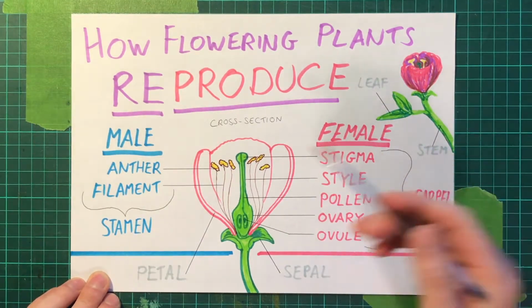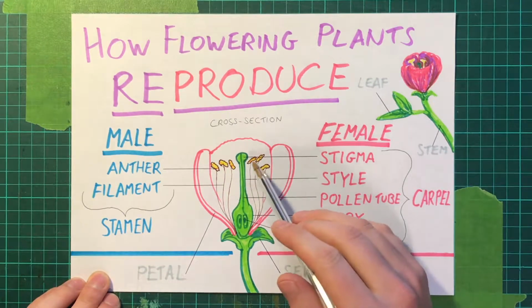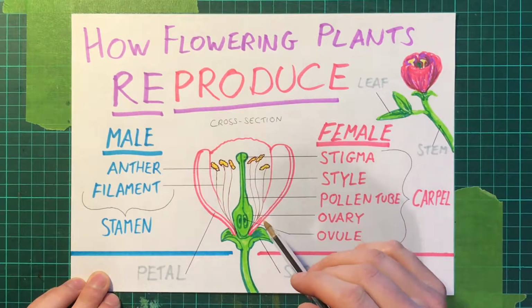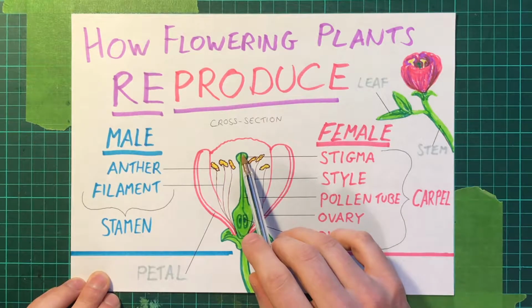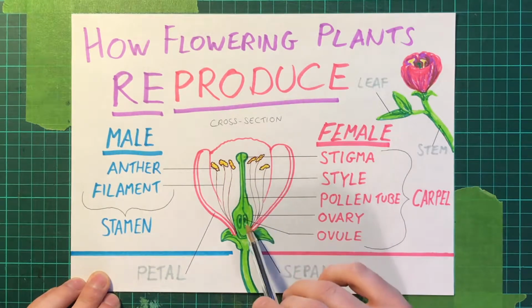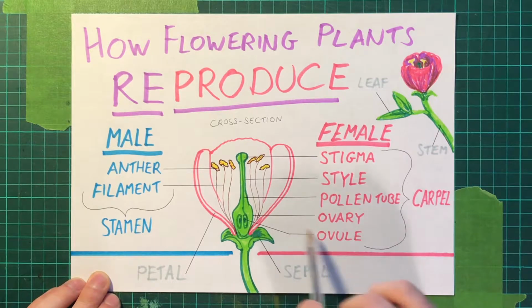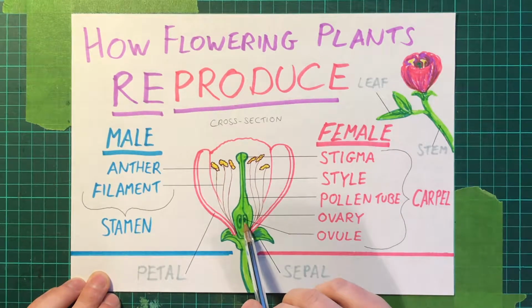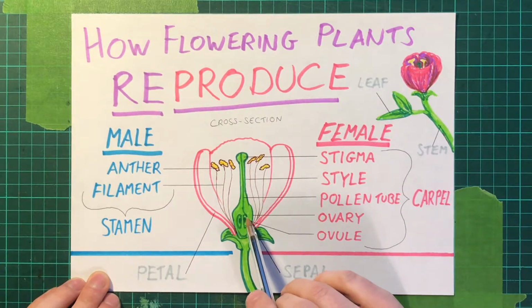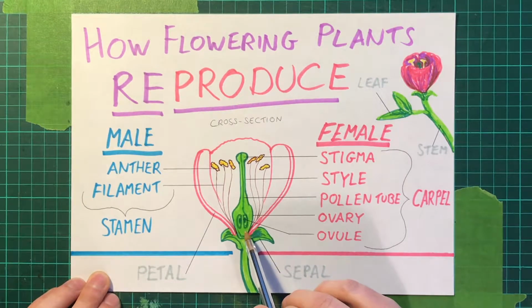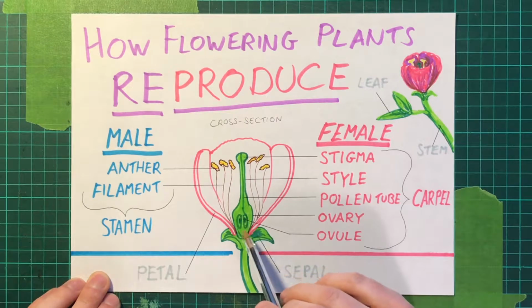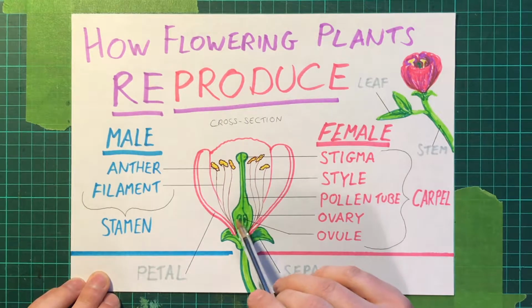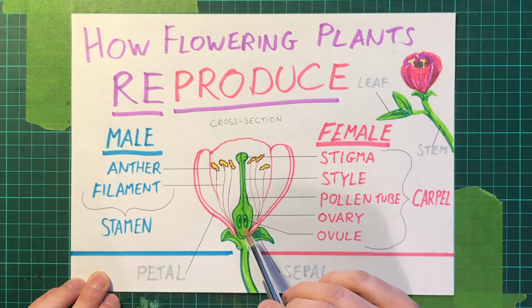And then when that insect or bird goes into this second flower, the pollen grains get stuck on the stigma and they travel down into the ovary and they go into the ovule. Now this is the part of the plant that once it becomes fertilized, which is what this process is, this becomes a seed.